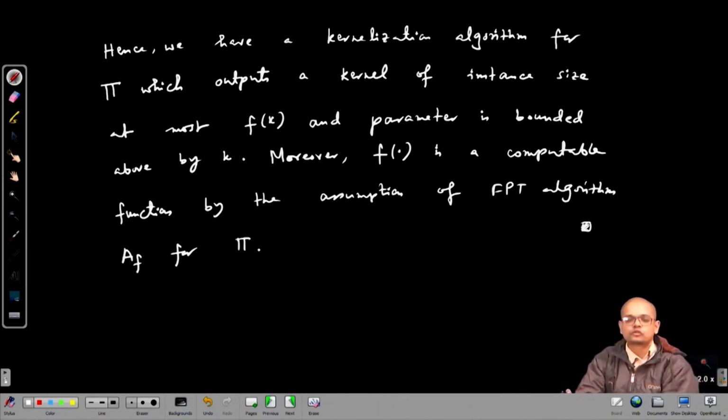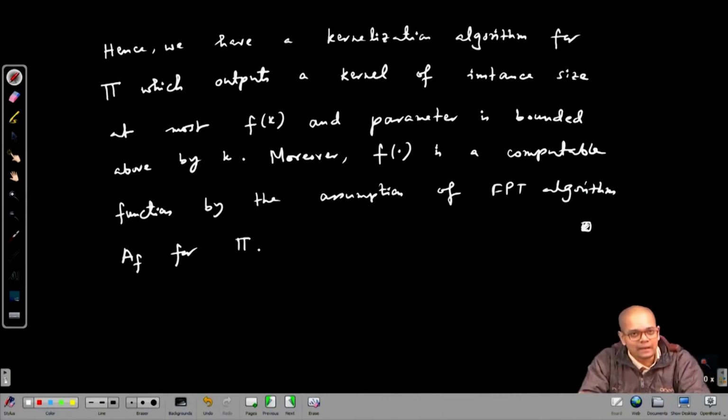Hence, to design an FPT algorithm, there is also an alternative technique to design a kernelization algorithm. And for some problems, the best FPT algorithm known is via this route.